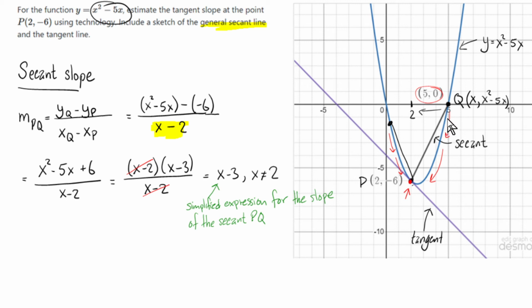We are going to be approaching the point of tangency from the right and from the left, and that way determine the slope. So we're going to approach x equals 2 from the left, and from the right.